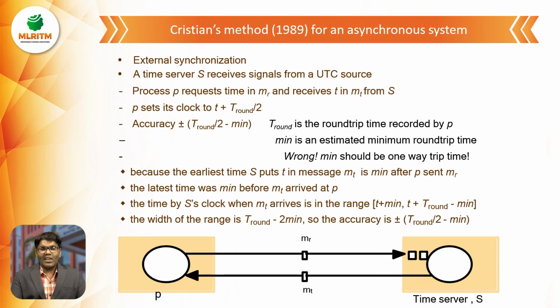Cristian's method, 1989, for synchronous systems. Here is external synchronization: a time server S receives signals from a UTC source.